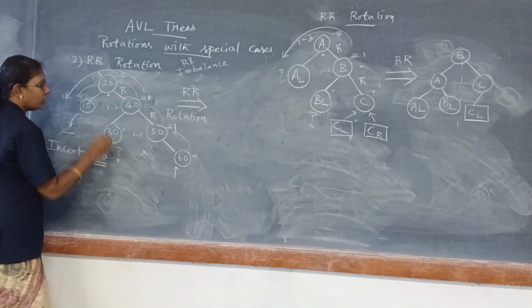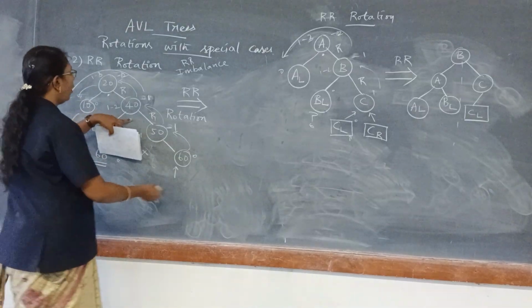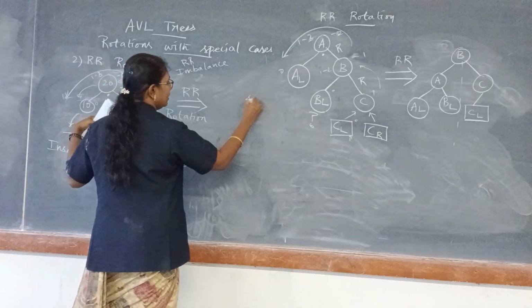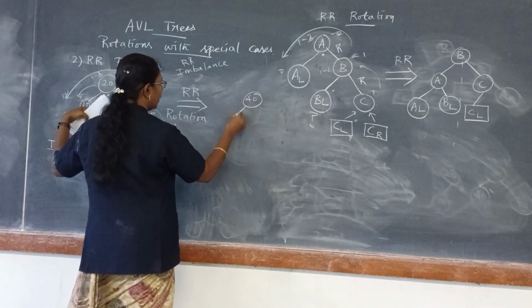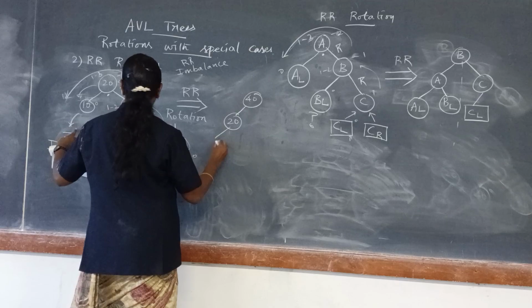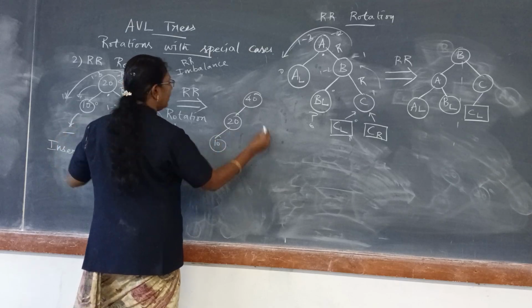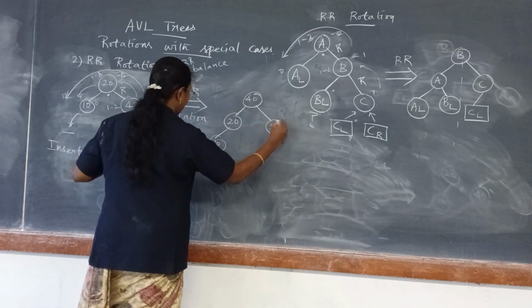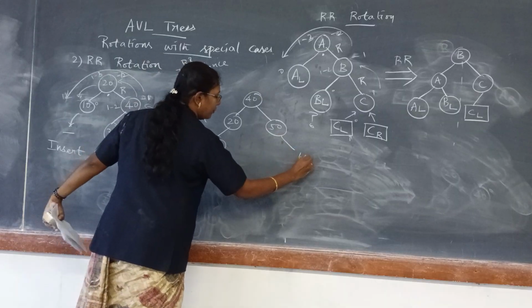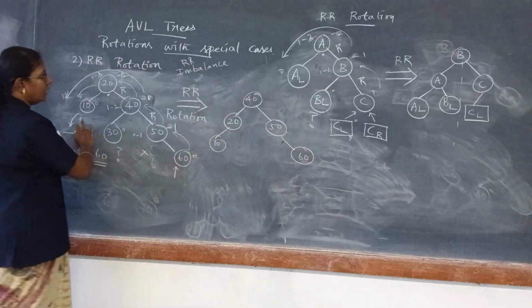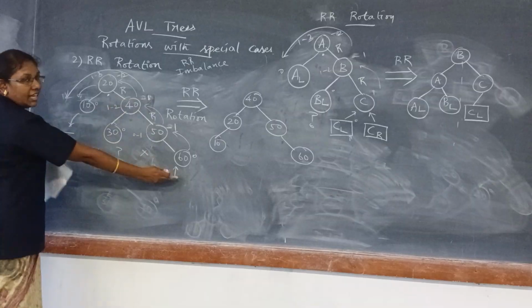Now 40 will be the root node, and 20 will come to this point along with 10, and 40 is followed by 50 on its right-hand side, and 60 is following 50. And now I have inserted 10, 20, 40, 50 and 60.